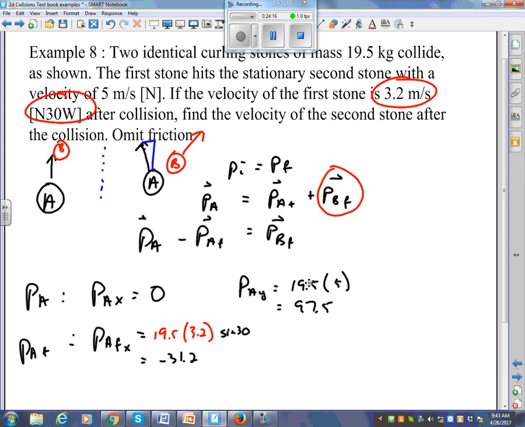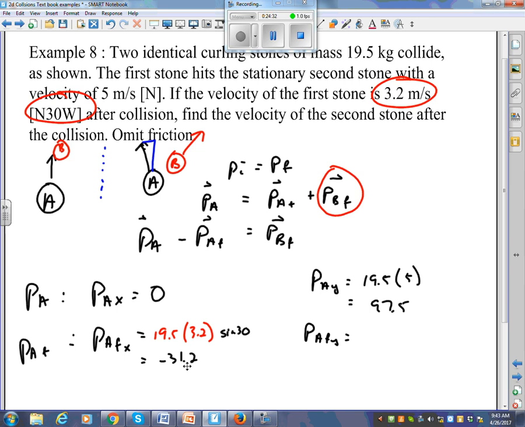What if I can drag this guy over here? Oh, I can't. Good. Okay, so down here is going to be PAFY.